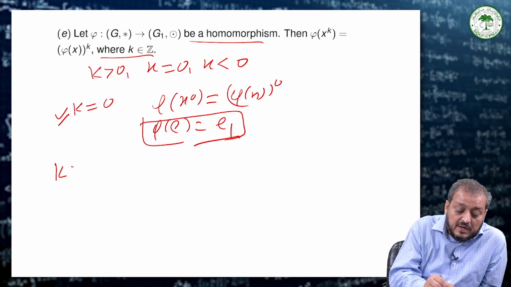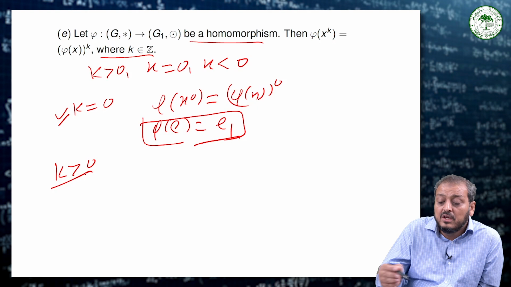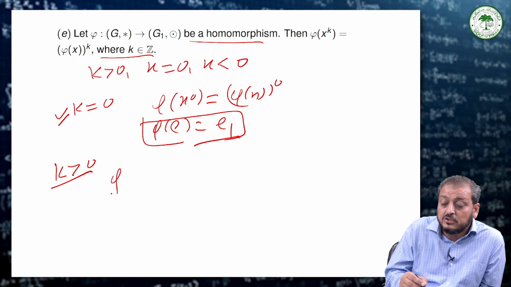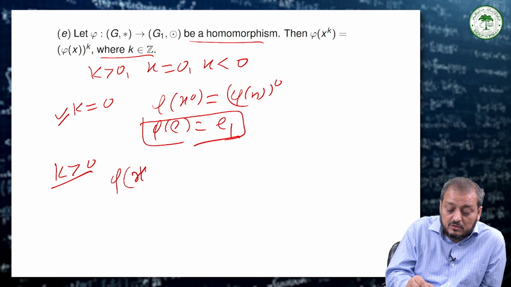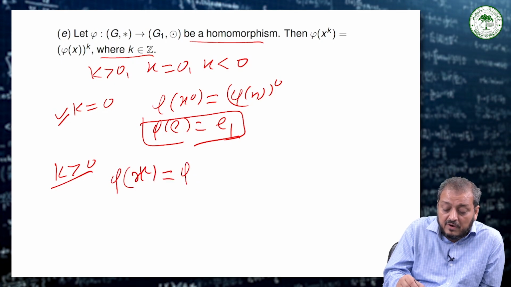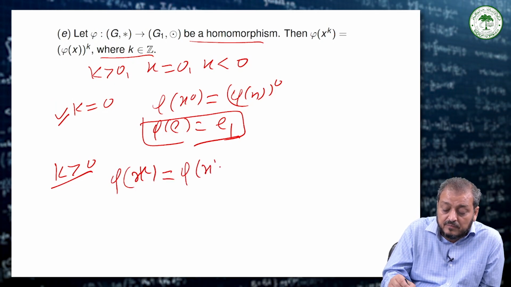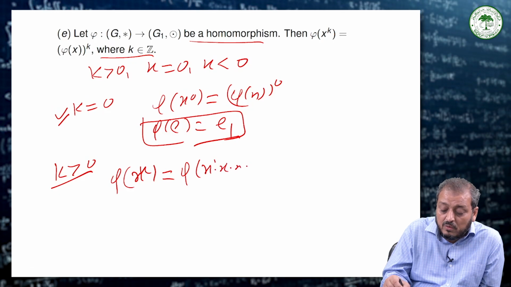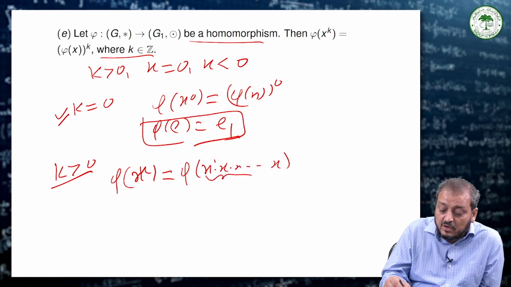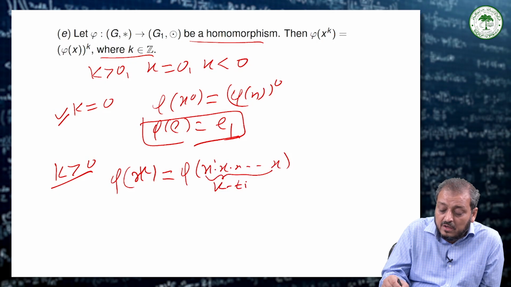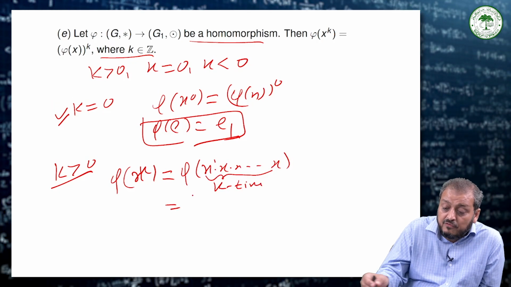Now assume that k is greater than 0. Then we can write phi of x to the power k as phi of x times x up to x, k times.